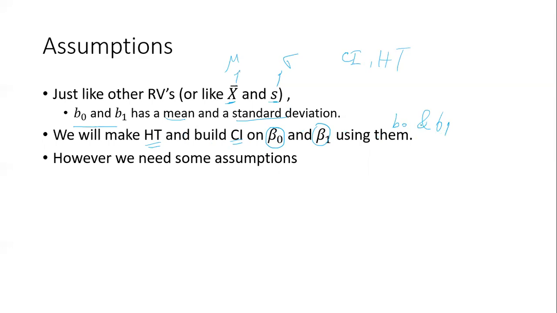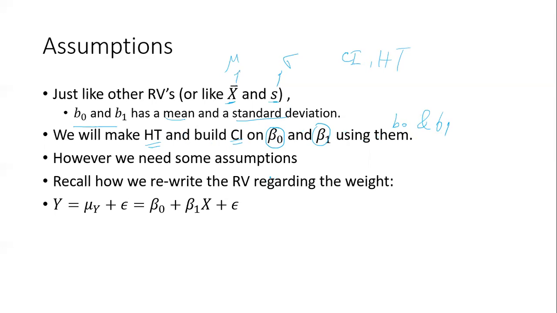But in order to do this, we need some assumptions. So what are the assumptions? Well, they are easy. Just recall how we have written the random variable y. We said that the random variable y is equal to mu y plus epsilon, which is also equal to beta 0 plus beta 1 times x plus epsilon.